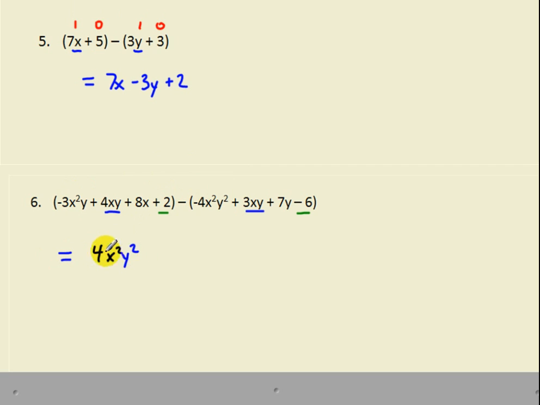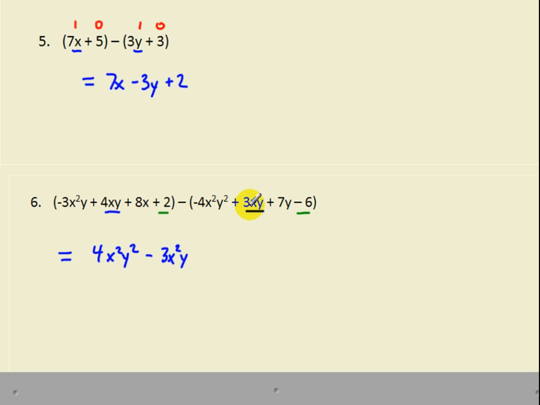Okay, and then we look for any more x squared terms. And here we have negative 3x squared y. So that will go next. Alright, and then we have xy terms. Now we actually have two of them, so we need to combine. We have 4xy minus a positive 3xy.